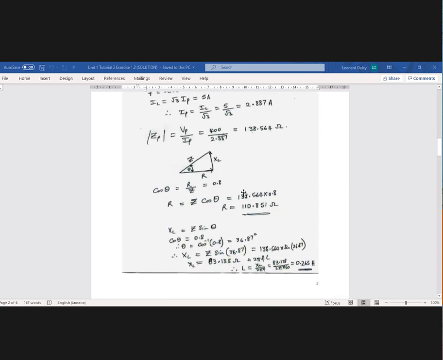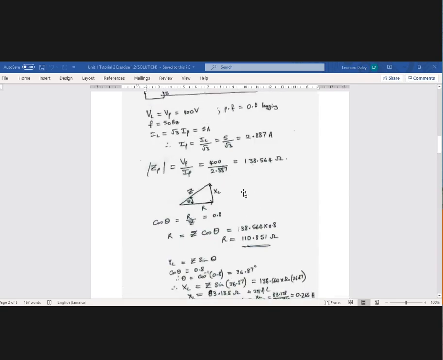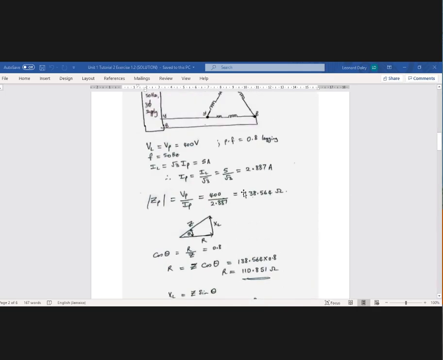All right. Any questions? So how you are doing it, Mr. Bruce, is okay. If you want to say, all right, VRY is my reference at angle 0, and we're looking at one phase, IRY, so IRY would be 2.887 at angle, since it's a lagging power factor, minus 36.87.